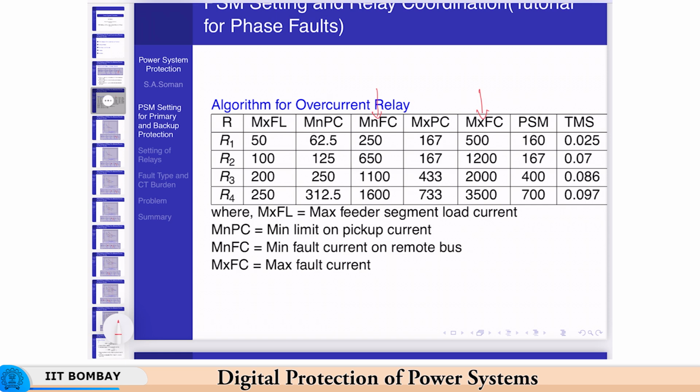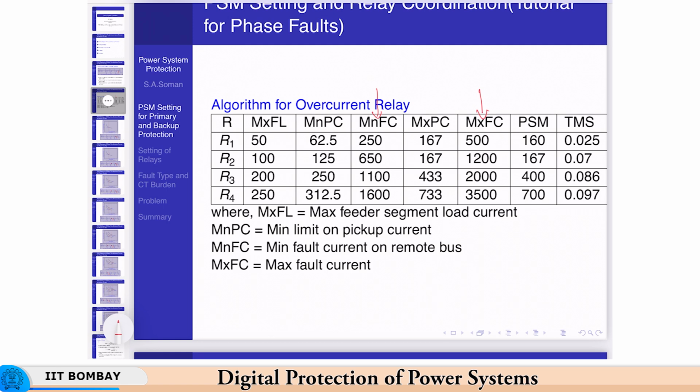Now, the maximum pickup current, which we are saying should be 2/3 of the minimum fault current. So, in this case 2/3 of 250 is 167. So, for R1 it is 167.